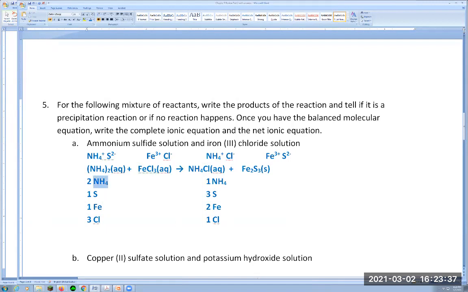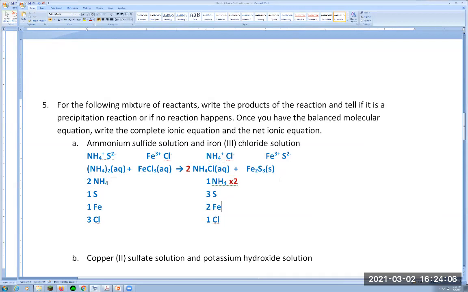So when you have a polyatomic ion that is unbalanced, you want to start by balancing the polyatomic ion. Here we have 2 ammonium on the left. So let's make it 2 on the right by multiplying by a coefficient of 2. And this coefficient of 2 will go in front of NH4Cl because that's where you have the NH4.